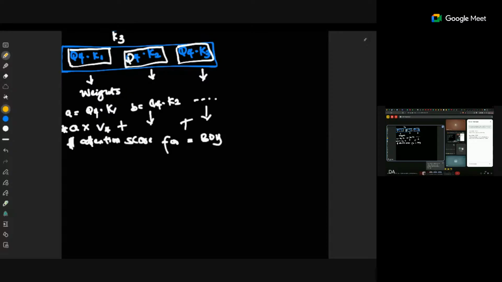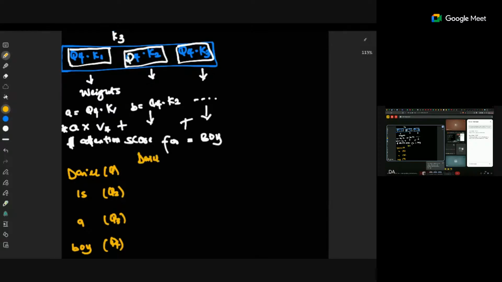So in doing that, for example, let's use our Daniel: Daniel is a boy. Of course, Daniel is represented by Q1, is by Q2, A by Q3, and boy by Q4. Now it's like I'm drawing a matrix. Here you have Daniel, which is your K1, is is your K2, A is your K3, boy is your K4.